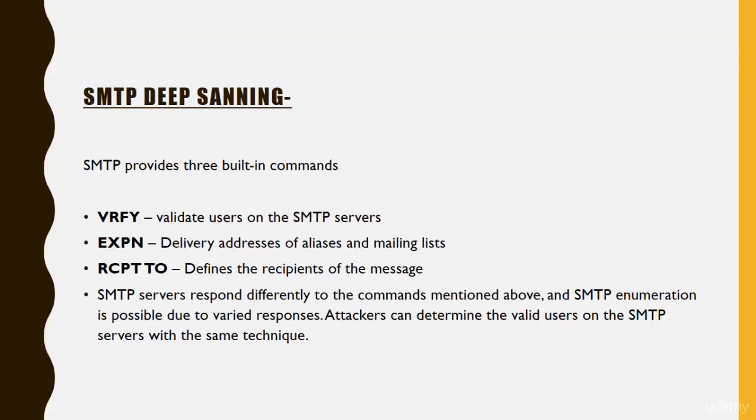SMTP deep scanning. SMTP provides three built-in commands: VRFY to validate users on the SMTP server, EXPN for the delivery address of aliases and mailing lists, and RCPT TO, which defines the recipients of the message. SMTP servers respond differently to these commands, and SMTP deep scanning is possible due to varied responses.